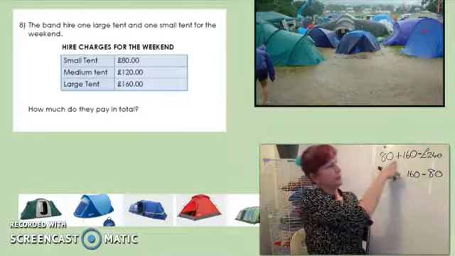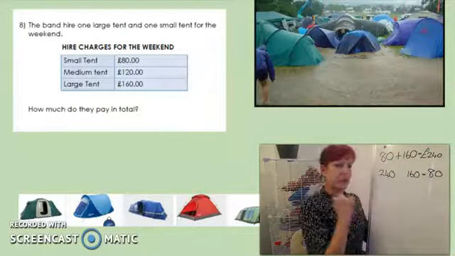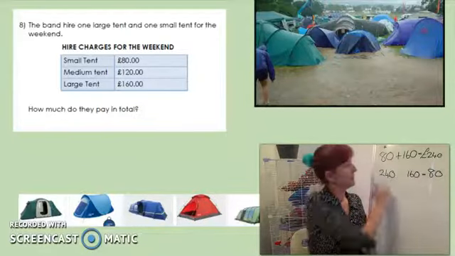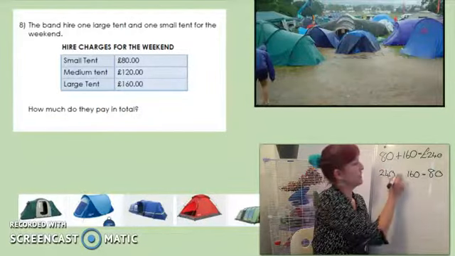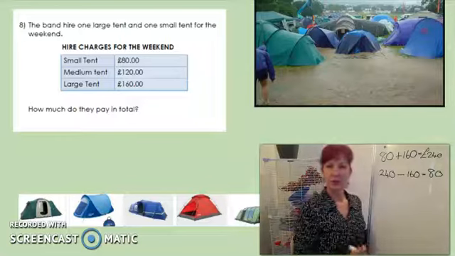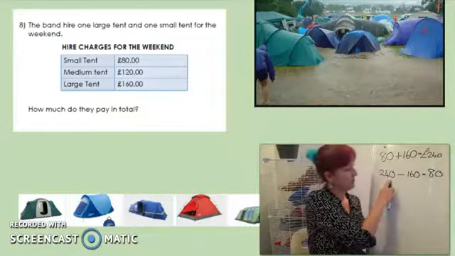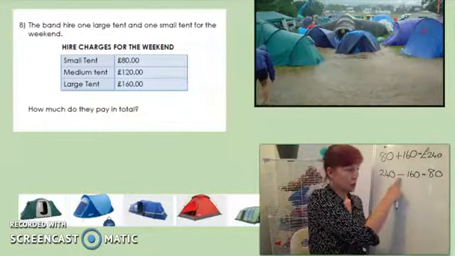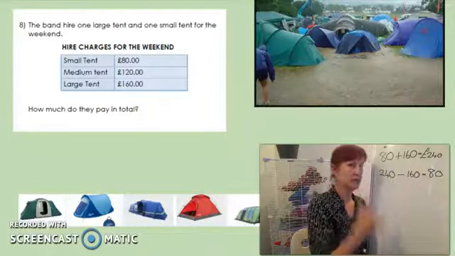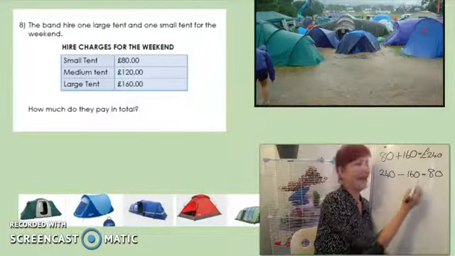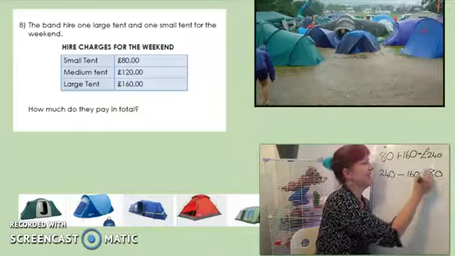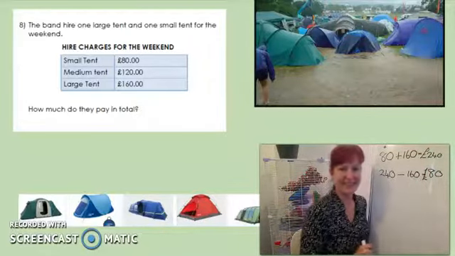This bit. So because we're doing it backwards, we need the opposite of this symbol, and that would be subtraction. So what I'm saying is, if I had 240 and I took 160 out of it, I would get back to 80. 80 what? 80 pounds. I was going to add that in.